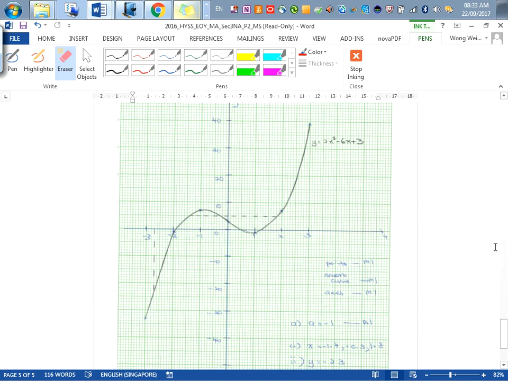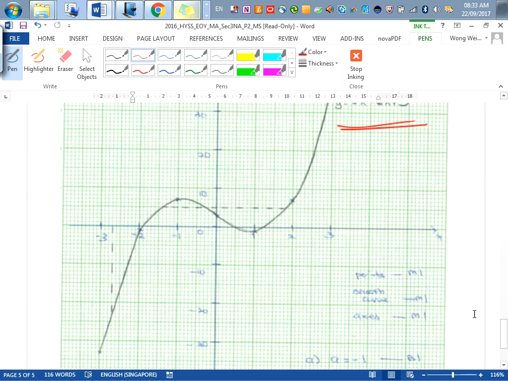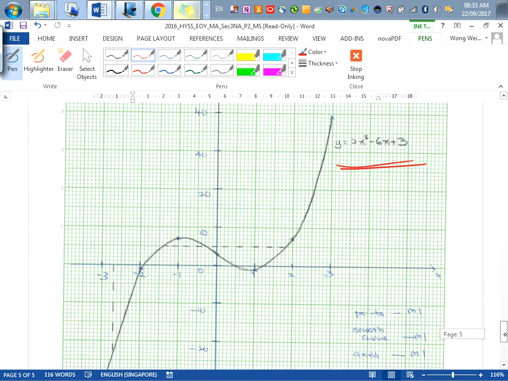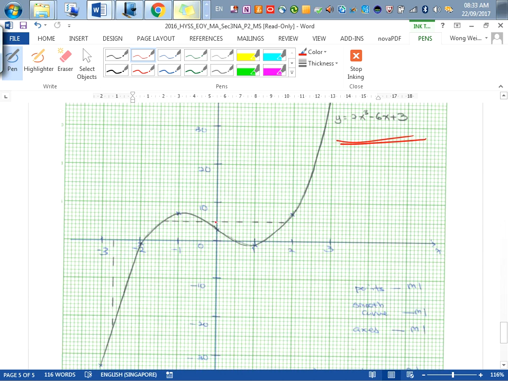Then part B, this is the graph that we have. Make sure you label it. From the graph, find the value of x when y equals 5. So where is the part where y equals 5? Over here. So this line is y equals 5. When I draw one long line across, how many points does it intersect the graph?